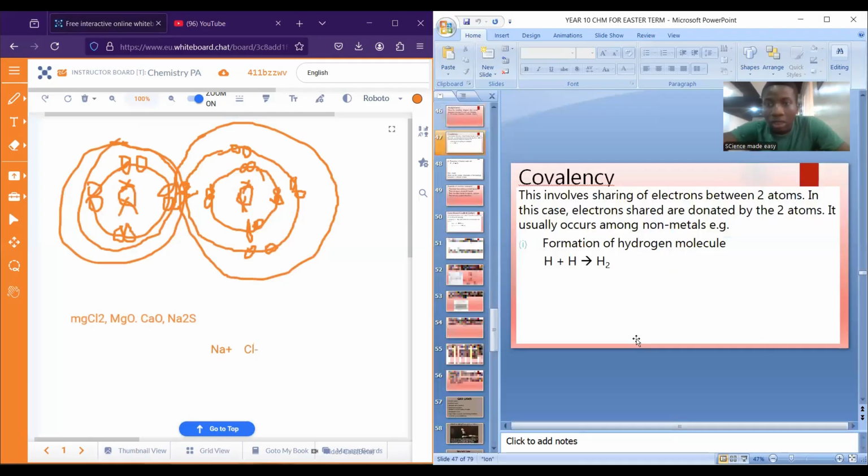So let's now talk about the covalent combination. This covalent combination involves the sharing of electrons. This one does not donate electrons, it shares electrons. That means it's not like sodium giving to chlorine. This one will just say, give me and I give you.